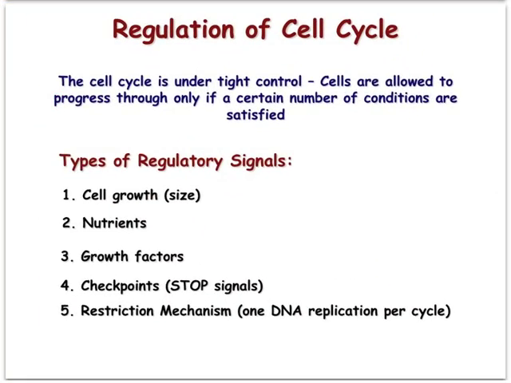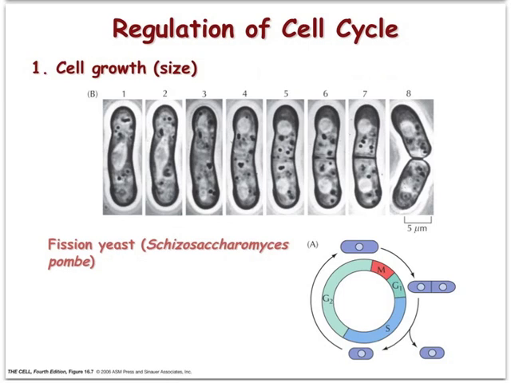There are 5 main types of regulatory signals that control passage through the cell cycle. The first one is the size of the cell. The signal plays a role in the control of passage through the cell cycle in mammalian cells, but a very minor one. However, it is the most important signal that controls passage through the cell cycle in lower organisms such as fish and yeast.